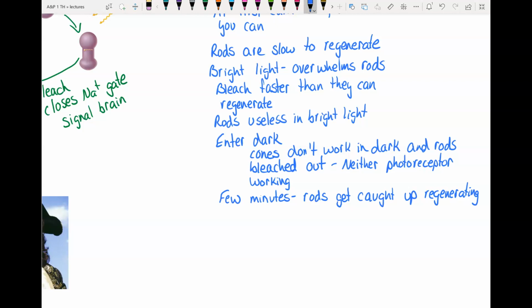And now that you're in dim light instead of bright light, they are able to keep up. So now you can see just fine in the movie theater once your eyes have adjusted.